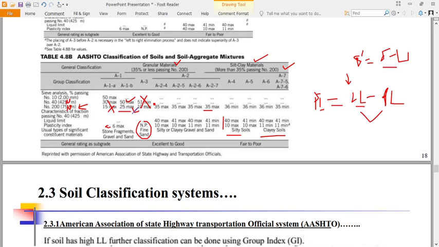If this is x1, the percentage passing, then the total passing should be 100. So 100 minus x1 will give you the gravel fraction.